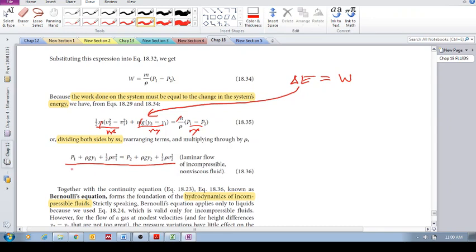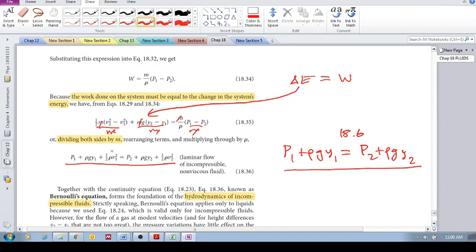So notice that we used to have this equation for hydrostatics: P1 plus rho g y1 is equal to P2 plus rho g y2. Do you recall this? I think it was equation 18.6. This is for hydrostatics.